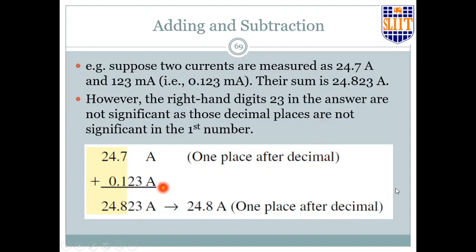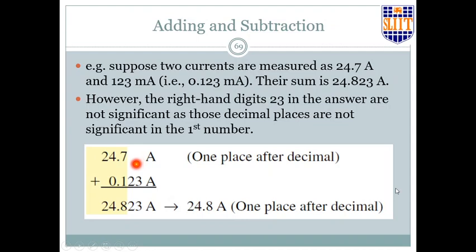And the second measurement has been taken by a meter with better accuracy, in milliamps. So this is actually 123 milliamps. So although that is more accurate, you are adding that to a coarser number, where you didn't know what is happening with the second and the third decimal places.